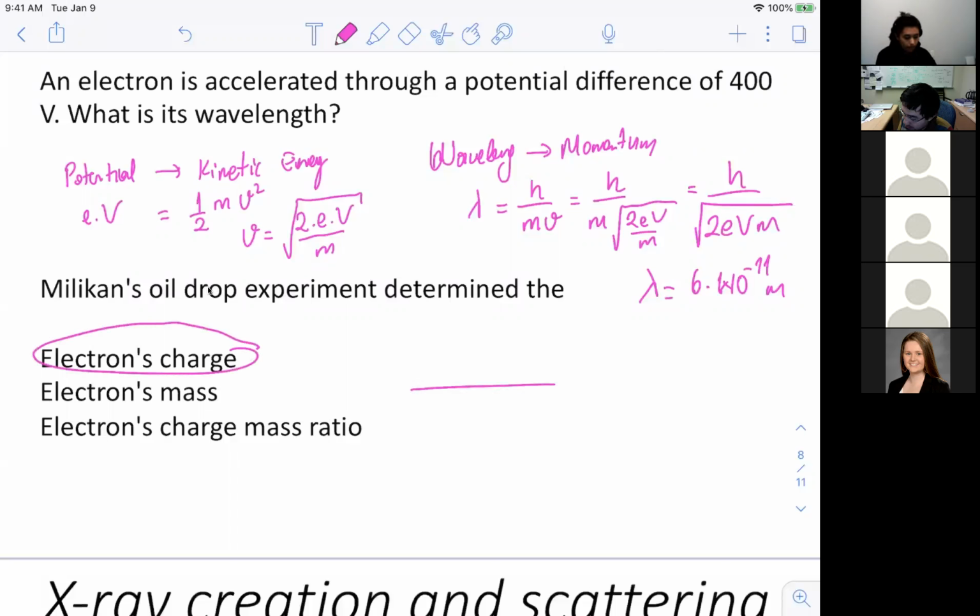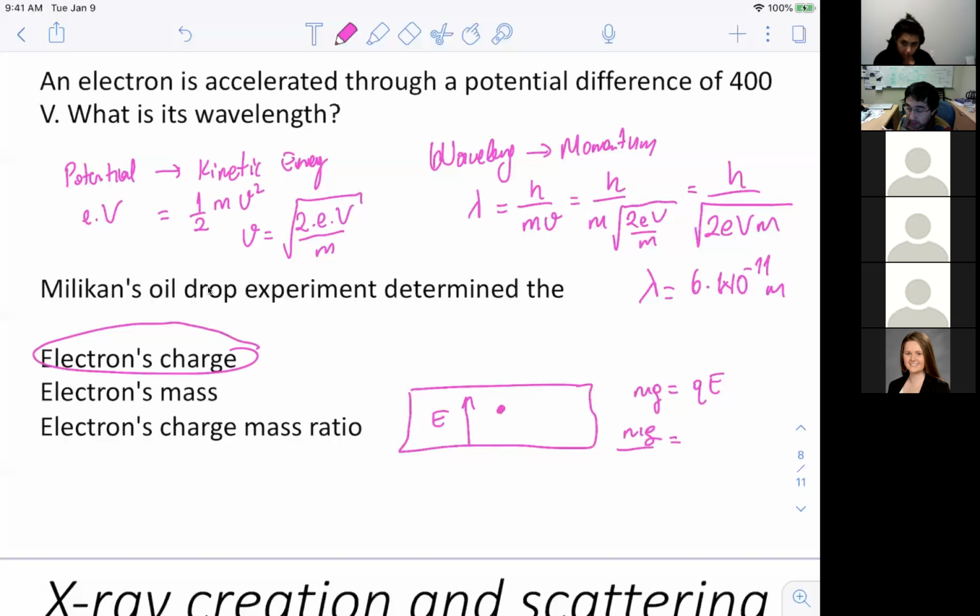In the experiment, what he did is he suspended oil drops in the electric field, where you have mg equals QE. From this, he determined the size of the droplet by looking at it with the microscope, which depends on the sprayer, and then found the mass.